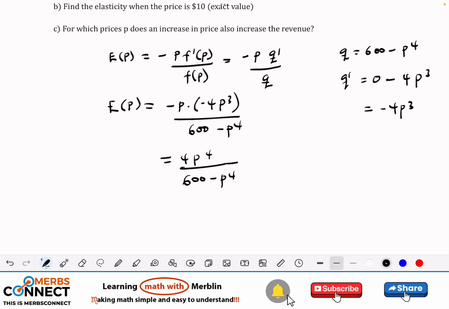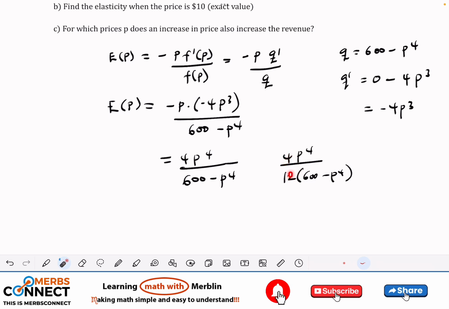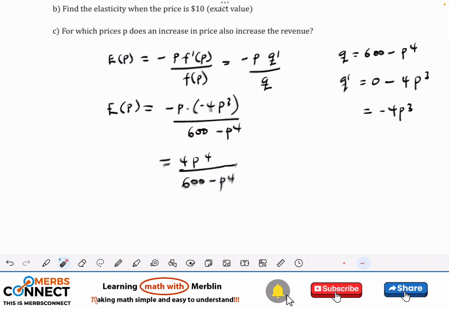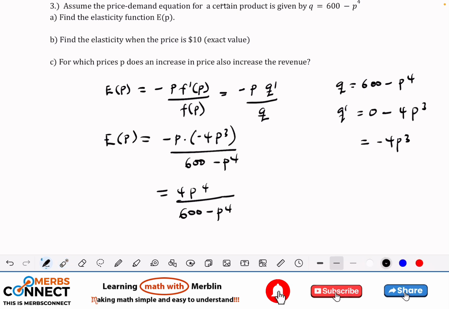We can cancel something like p to the power 4 divided by, let's say, 12 times 600 minus 4. We can cancel 4 and 12, because this 12 is multiplying this and multiplying this. So when you get here, just leave your result just like that. Don't try to cancel anything. So this is part A that we need to do.